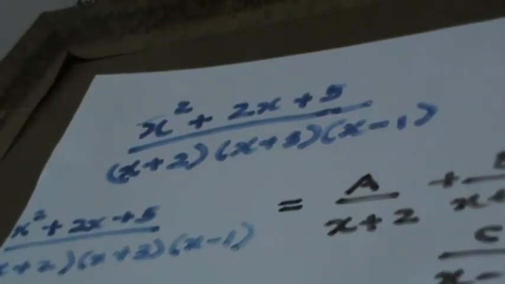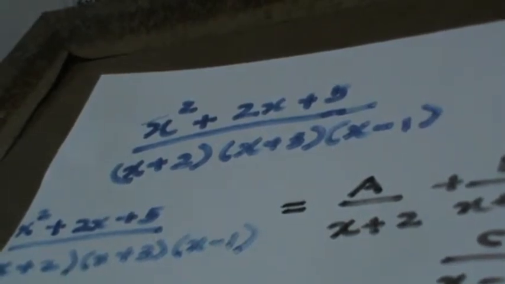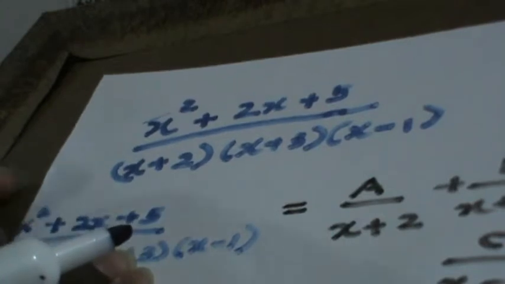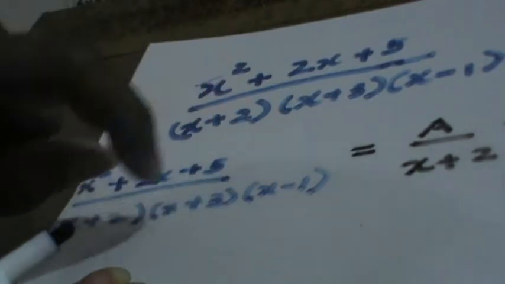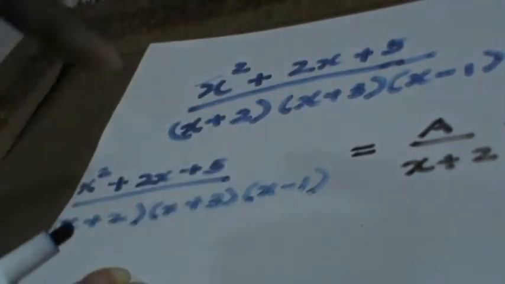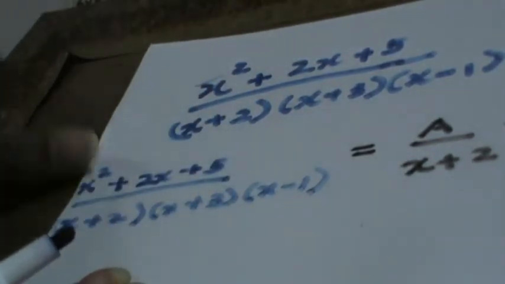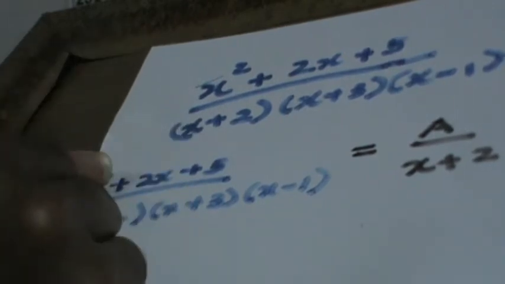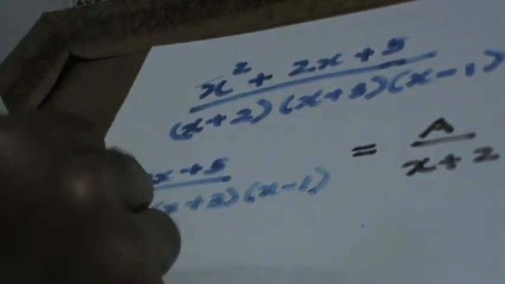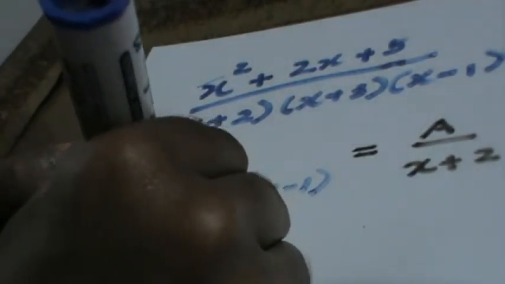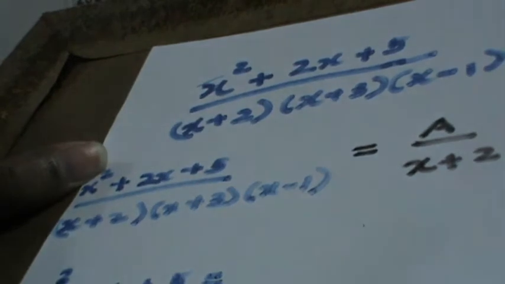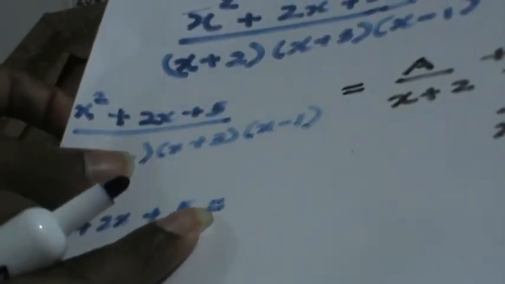When you multiply the fraction by its denominator, the terms cancel off and you are left with the numerator: x squared plus 2x plus 5, and that's equal to. In some books and websites you may have seen an identical sign here.